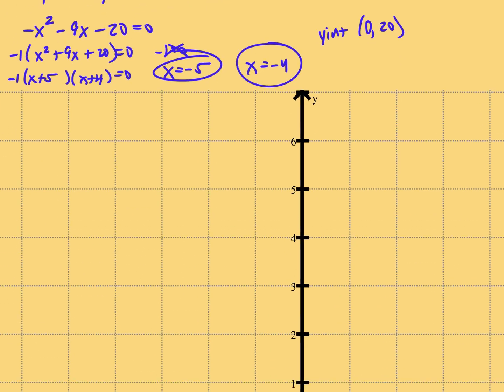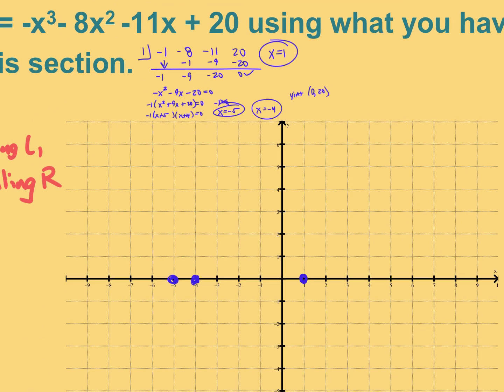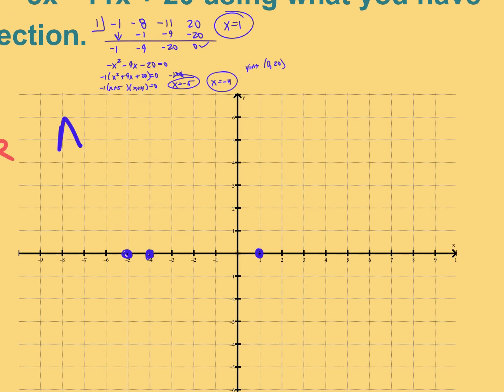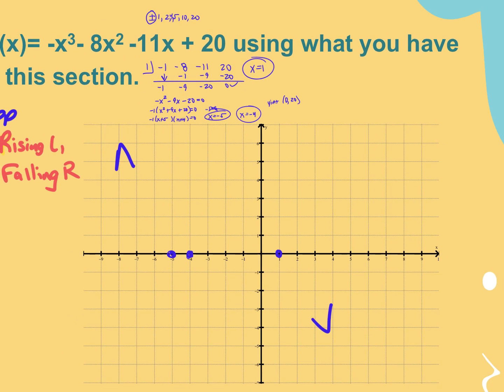Very easily, guys. You're going to say, okay, I'm at -5. I'm at -4. And I'm at +1, right? What were the end behaviors? Rising over here and doing what? Falling over here.